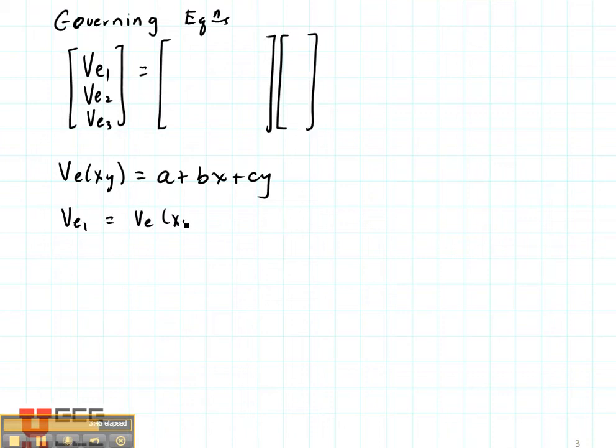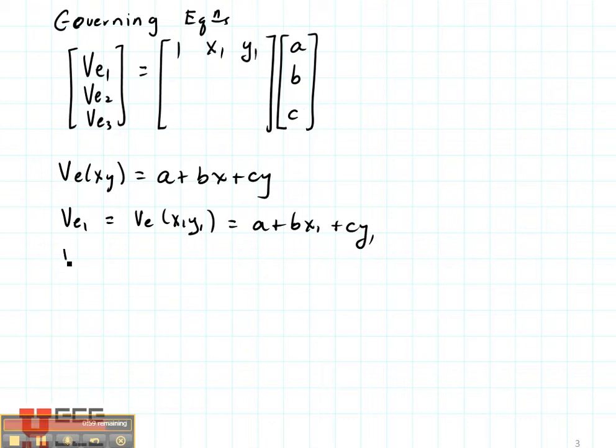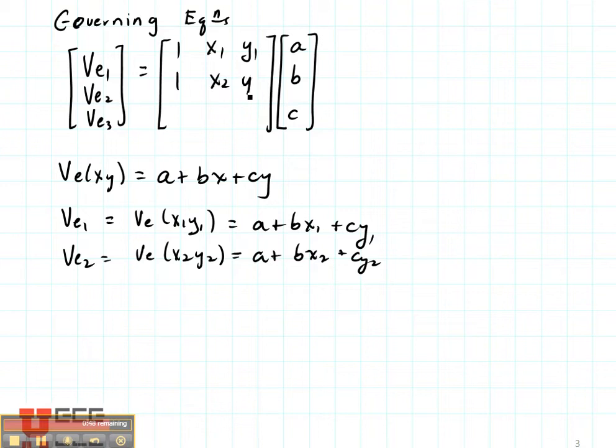VE1 is VE at x1, y1, so that is a plus bx1 plus cy1. Let's just write that equation up here. That's going to be a times 1 plus b times x1 plus c times y1. If we wrote for VE2, that would give us VE at x2, y2, which would be a plus bx2 plus cy2, so it would be like this. And similar for the nodal potential 3.